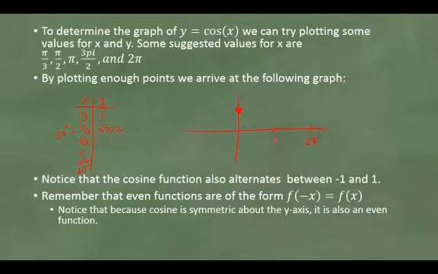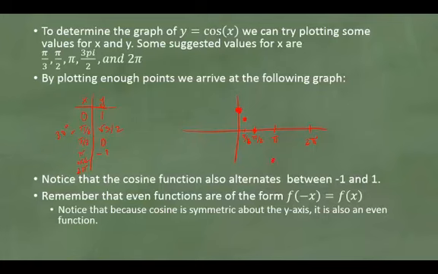Remember, let's do from 0 to 2 pi. So halfway there is pi, halfway to that is pi over 2, pi over 6 is down here somewhere. So we get square root of 3 over 2, which is a little bit lower than 1. Cosine of pi over 2 is 0, so now we're down here. Cosine of pi was negative 1.